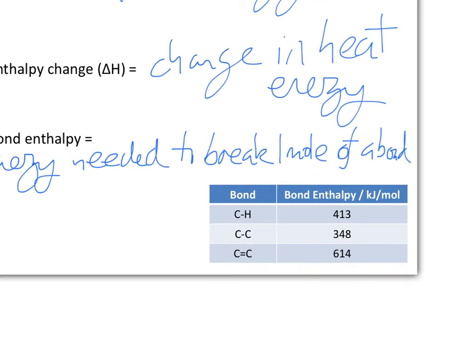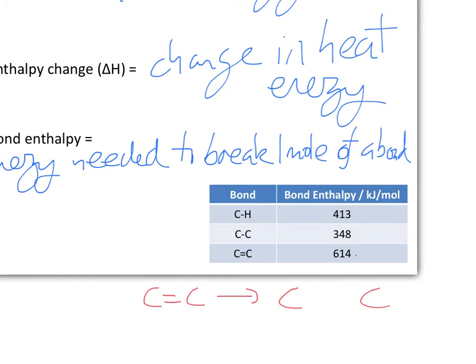So in order to break 1 mole of C-H bonds, you need to put in 413 kilojoules. In order to break 1 mole of C-C bonds, you need to put in 348 kilojoules of energy. And in order to break a C double bond C, in other words, to turn it from C=C into C and C, so to break both the bonds, you need to put in 614 kilojoules.